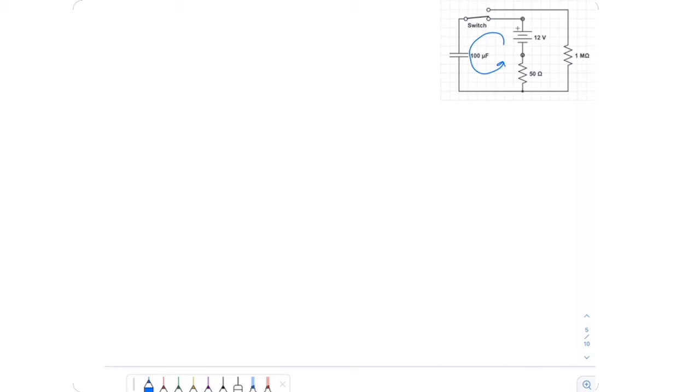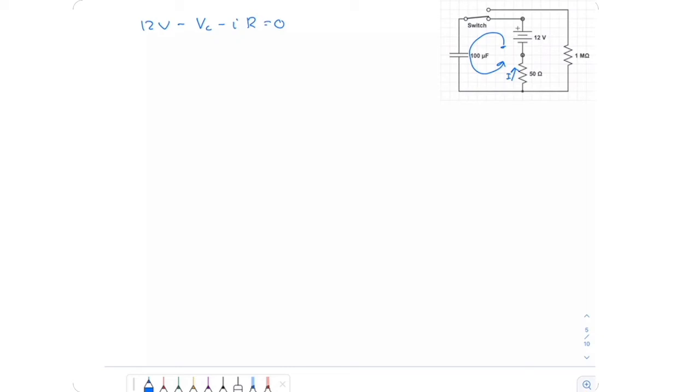And I can say that, just using Kirchhoff's loop rule, 12 volts minus the voltage across the capacitor minus IR equals 0. So I is the current that flows through that resistor.